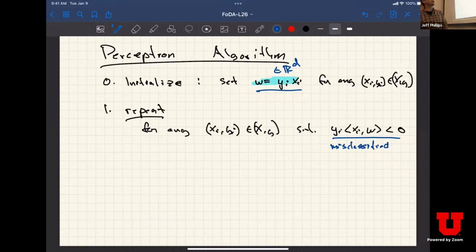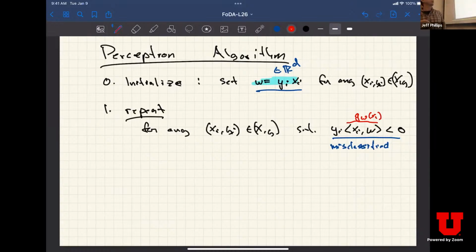I've done this trick again where I've written the function g of w, remember, this is g of w of xi, and I've multiplied it by the sign. If the signs match, I should have something that's positive. If they don't match, that means they're misclassified, I'm guessing the wrong sign, then it's going to be negative, and it treats both cases the same way. Whether it's negative or positive, if it mismatches, it's less than 0.